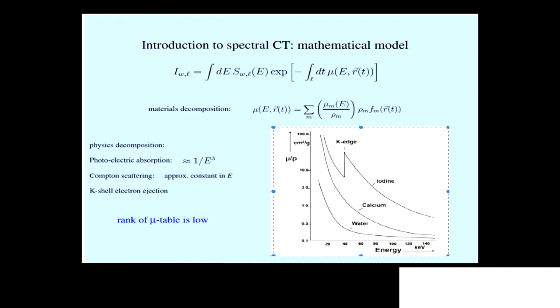So you can't just write your body as a sum of all the materials that are in there, because the actual rank of this mu table, as I call it, where you put all the materials as rows of a matrix, is much lower than the number of materials, right? So you won't be able to recover the coefficients of all those materials. Is that point clear? Okay.